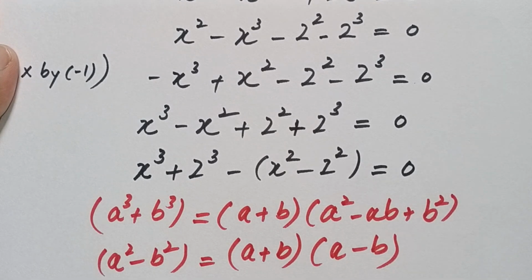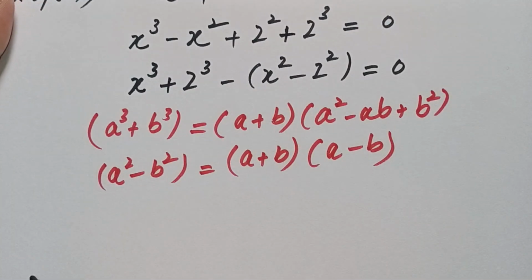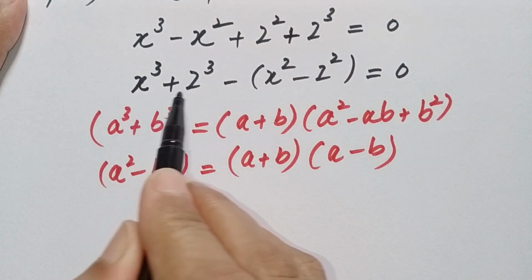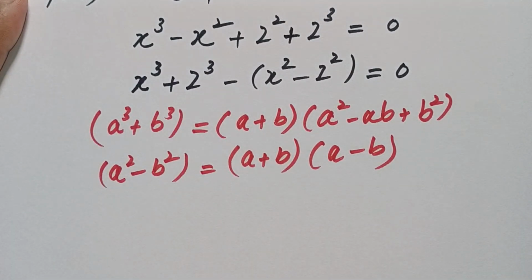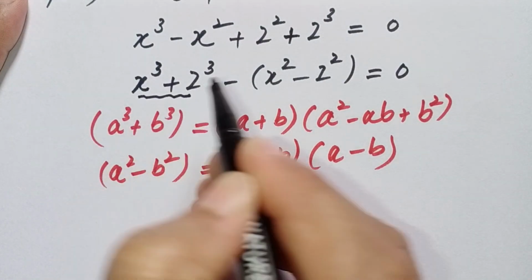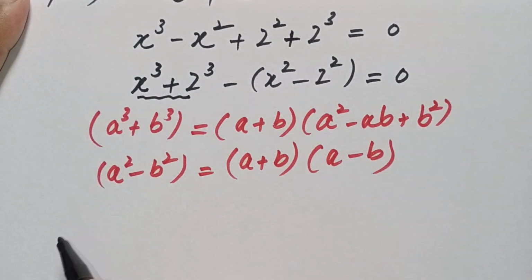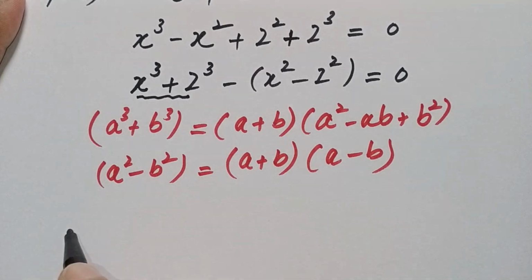For x cube and 2 cube, we have a cube plus b cube, so I'm going to use this identity for x cube and 2 cube, and here I'm going to use the identity for the difference of squares.